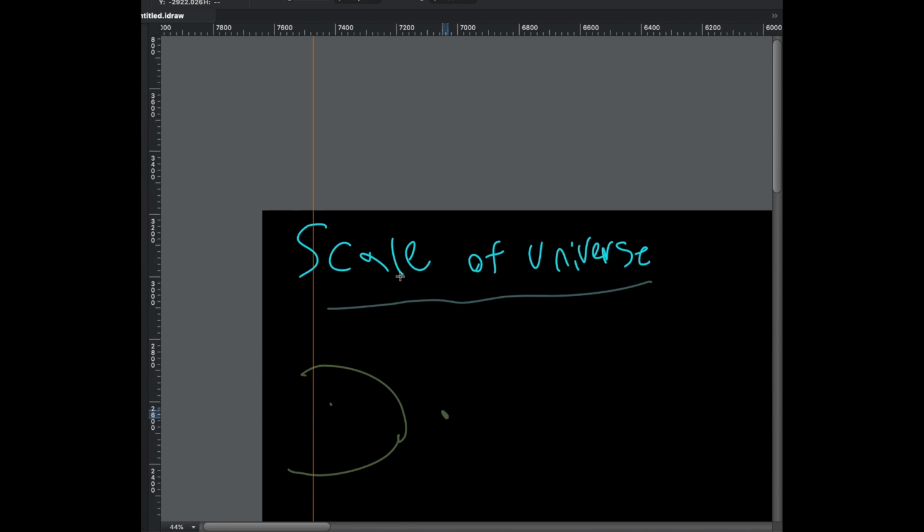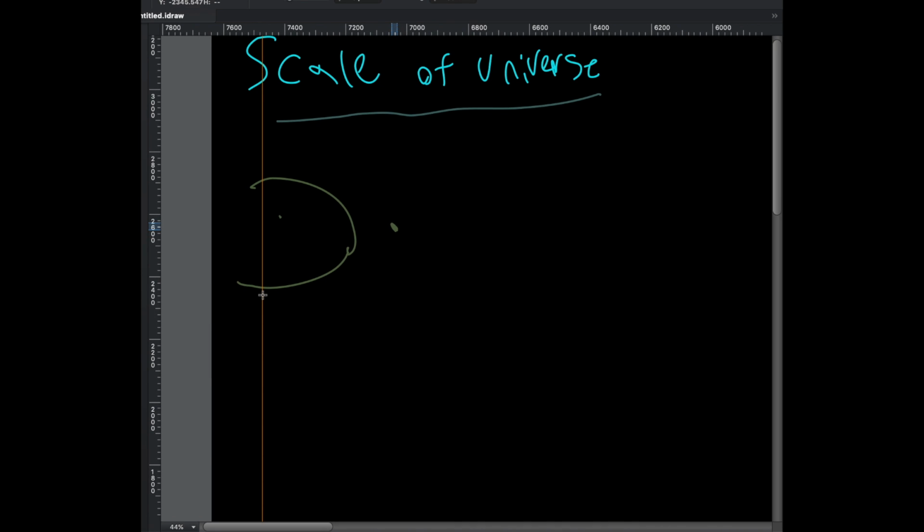Okay, anyway. Go away. What's happening? Weird. Okay, anyway. Oh, there we go. It goes away. Okay, so maybe that's the Kuiper Belt.